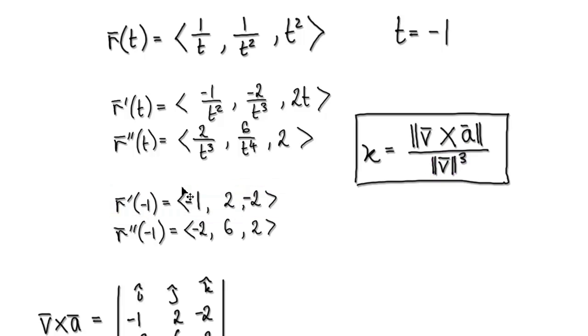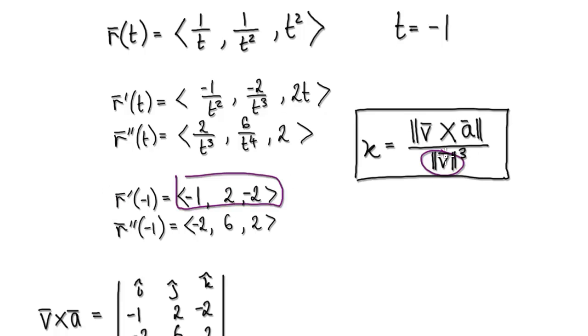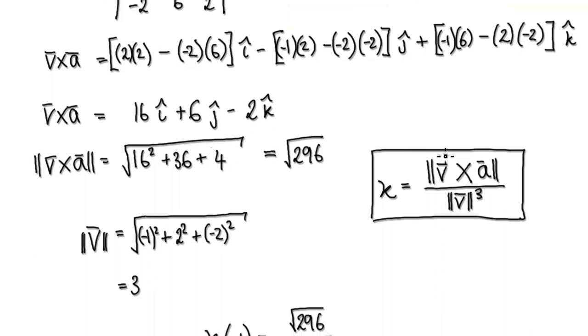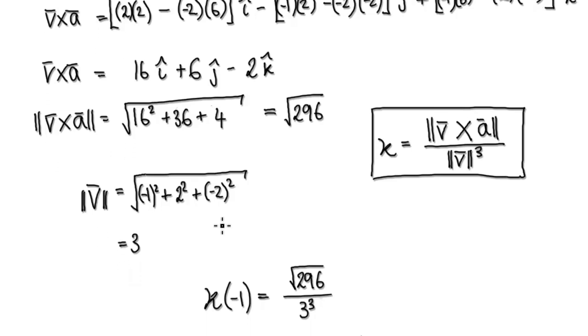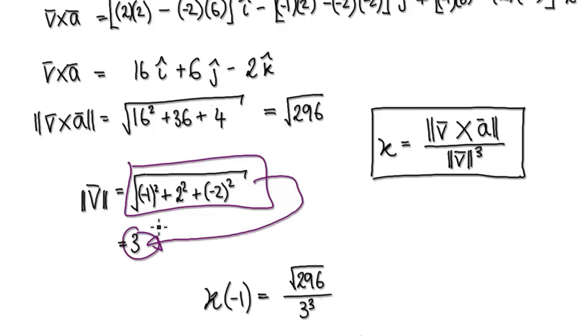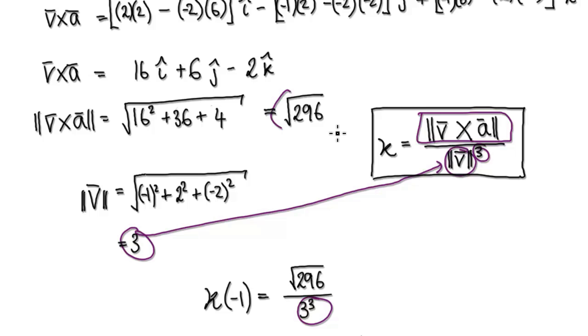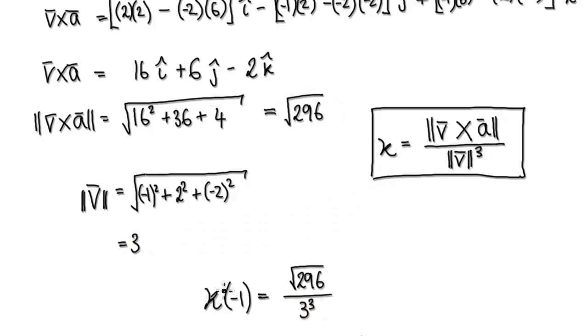So looking at the velocity vector, if we work out the magnitude of the velocity vector, it will then give us this thing here, and then tidy this up. That will be 3, and then so now this thing here is 3. So 3 cubed here, and then this thing here we computed earlier was this. So our final answer, the curvature evaluated at time equals -1, is given by this.